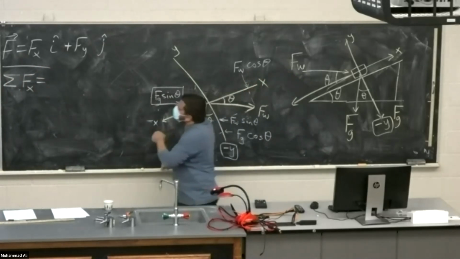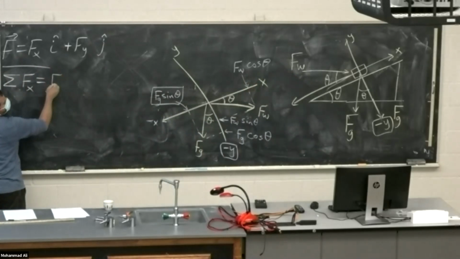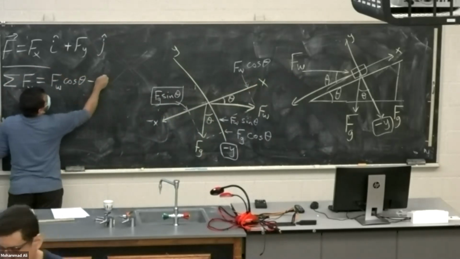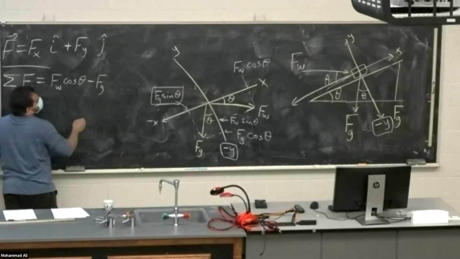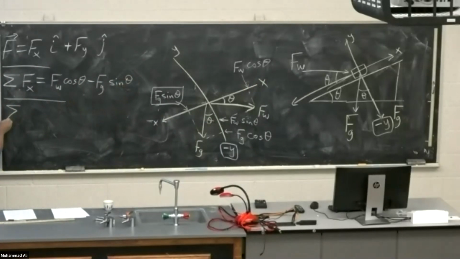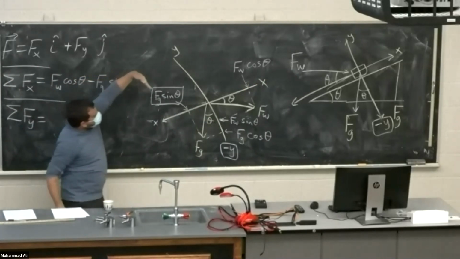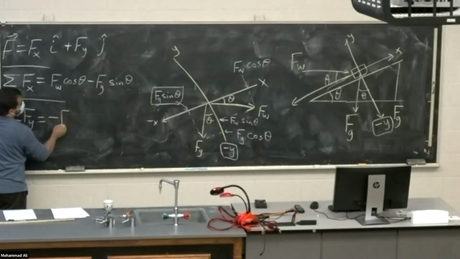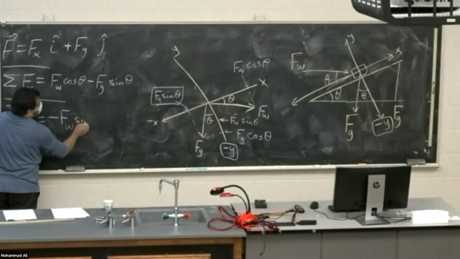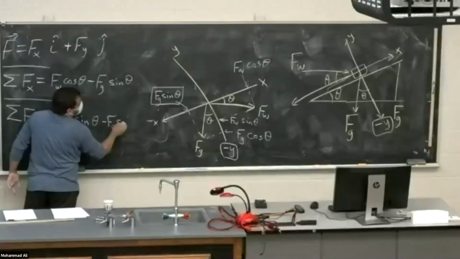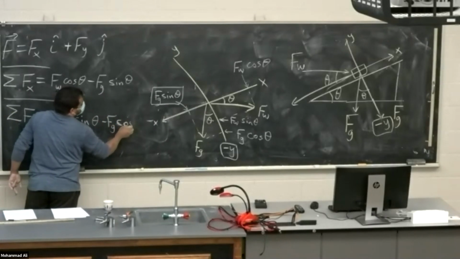Positive, it is positive F wind cosine theta minus F gravity sine theta. What are the y forces? Both of them are in the negative direction. So it is negative F wind sine theta minus F gravity cosine theta.